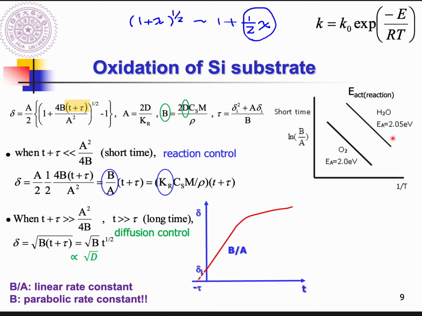And here it's interesting, you observe the slopes are similar, which means the activation energy of reactions is similar for the dry method and wet method. It turns out reasonable, right? Because it's the silicon bond.